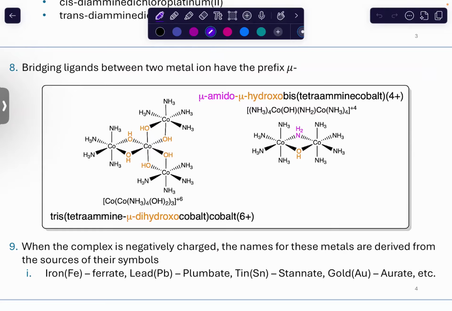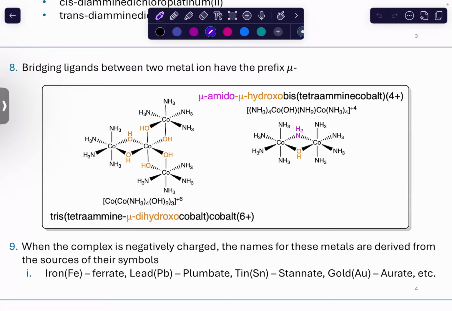If I'm doing a crystal structure, anything that connects to other metals, those bridging ligands are going to have that mu prefix. And there you see that NH2 is a bridging ligand, and notice how the name changed, mu-amido. So keep stuff like that in mind too. We're not going to go that far into it. You would do more of that closer to your doctorate, using things that big.